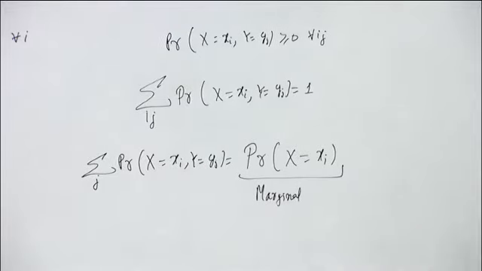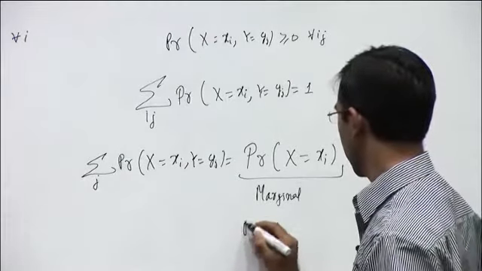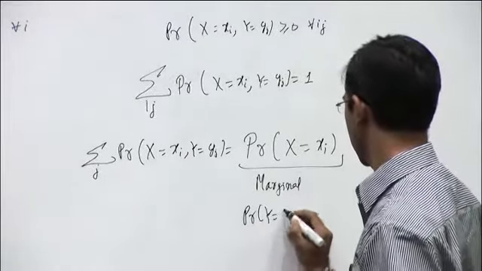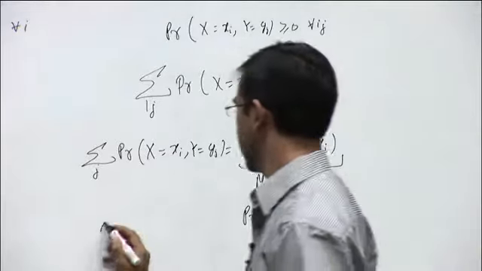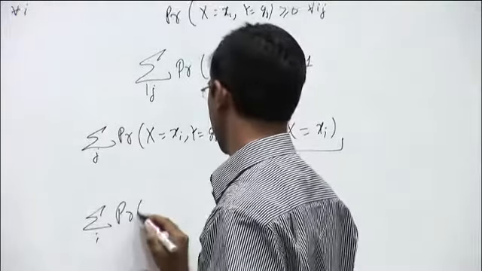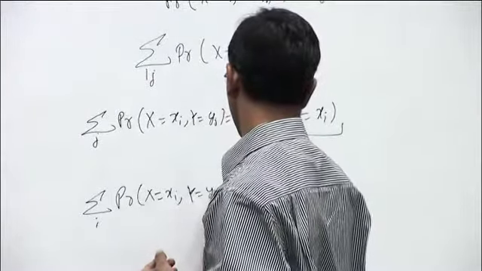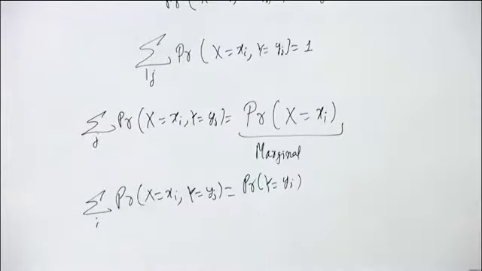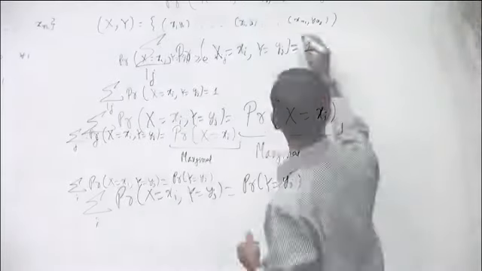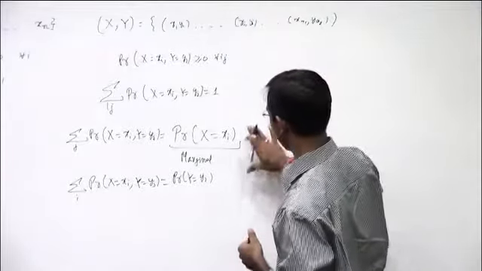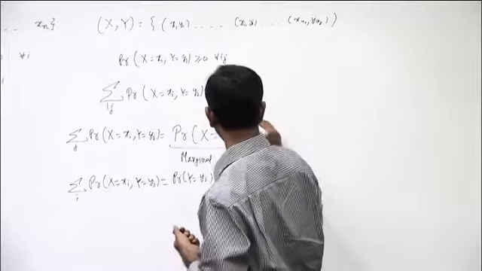Similarly, you can figure out probability of y equal to yj, with summation over i. Very simple. This is sometimes also called the sum rule.